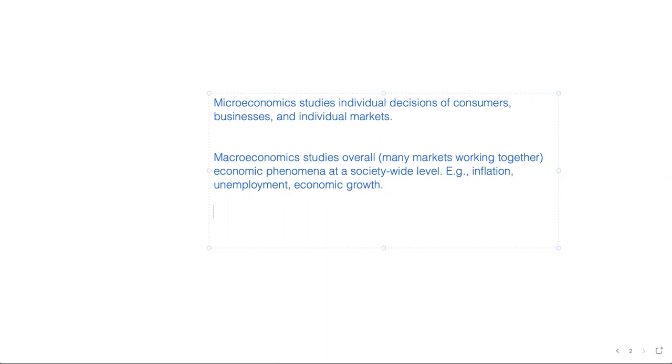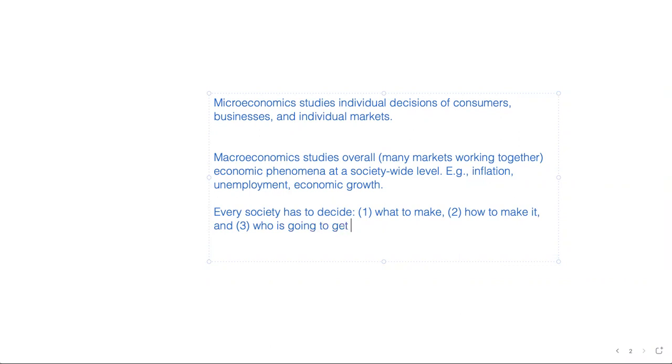And I think there's a good question that's often been used to summarize what's going on in economics, and it's just the observation that every society has to decide one, what to make, two, how to make it, and three, who is going to get it.